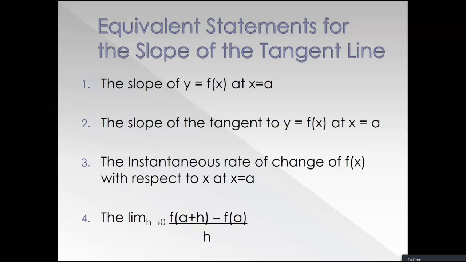And one more, what we're going to flow into, would be f prime of x. So that's what we're moving towards. We're moving towards 5, which is f prime of x at x equals a. These are all ways of asking for the slope of the tangent line at x equals a.